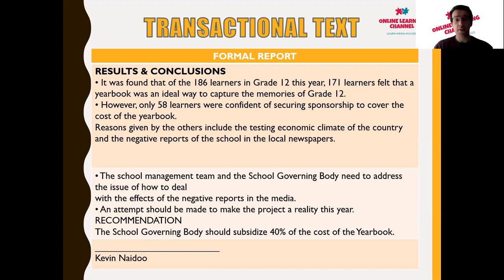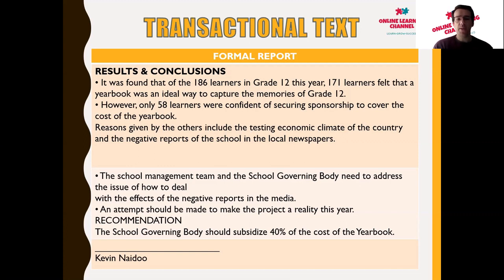Reasons given by others include the testing economic climate of the country and the negative reports of the school in the local newspapers. So essentially, people are now looking at the social ramifications that are currently evident within this particular community, and some are voicing their concern as to whether or not this can in fact go ahead.